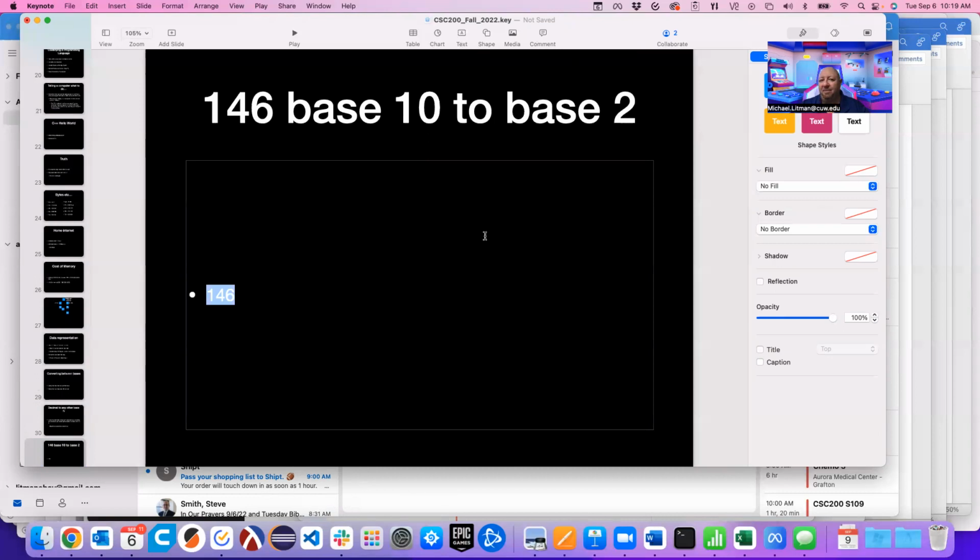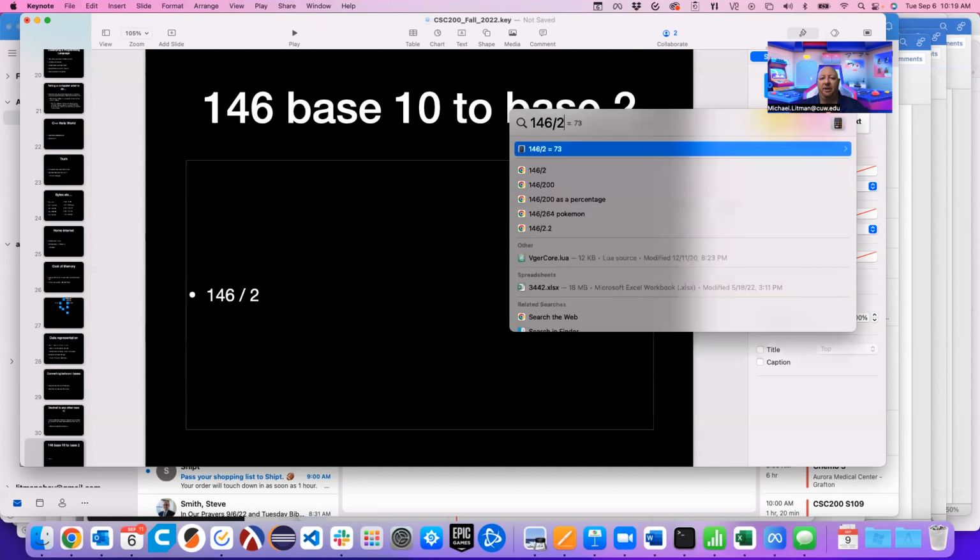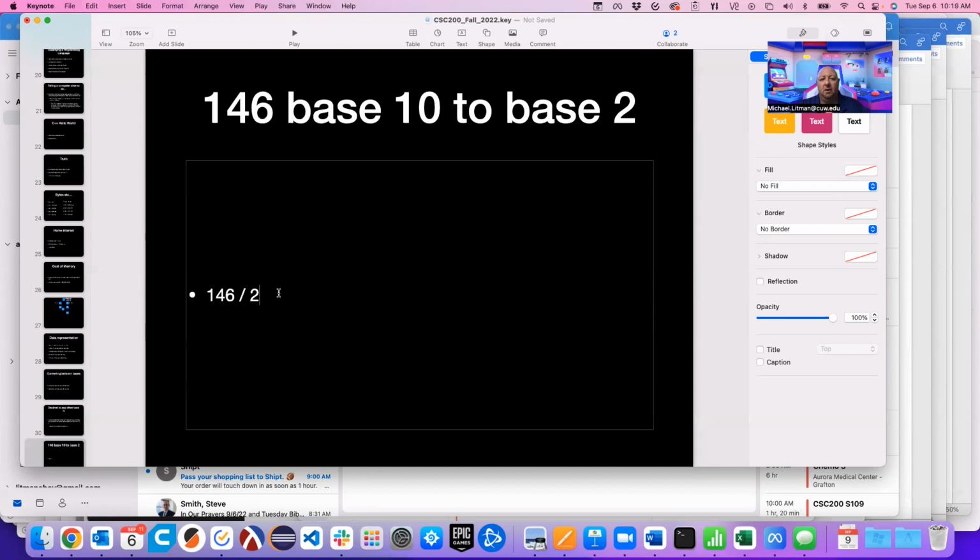We're converting it to base 2. So we are going to divide it by 2 over and over and over again. So 146 divided by 2 is 73. So I'm going to record the 73 right here. Then I'm going to say 73 times 2 is equal to 146. So we have a remainder of 0.